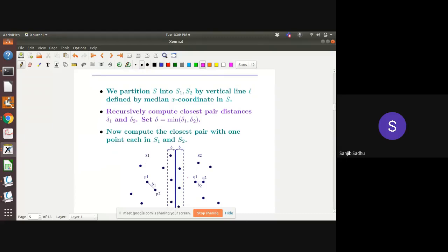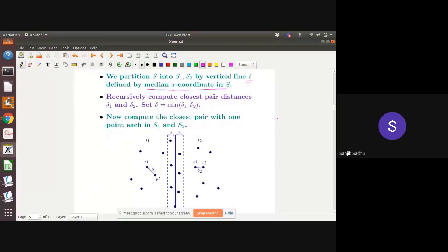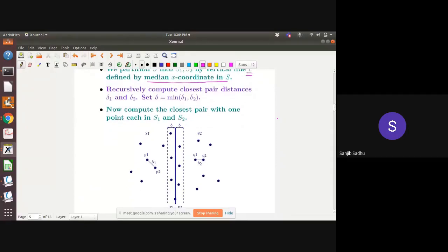We partition S into S1 and S2 by a vertical line L defined by the median x coordinate in X. Each point has an X coordinate and a Y coordinate, so we take the X coordinates and find the median of all those X coordinates. Then I will partition the points into two parts.